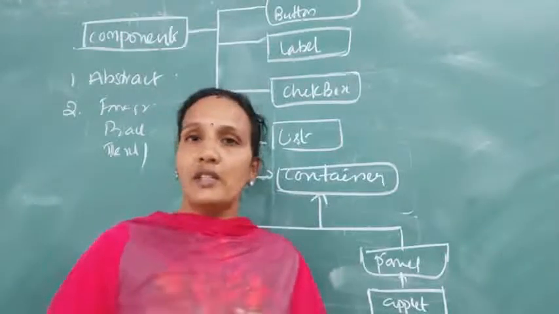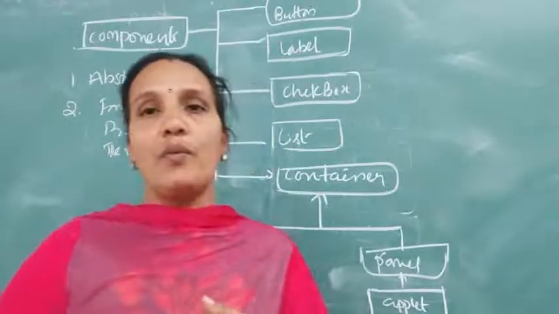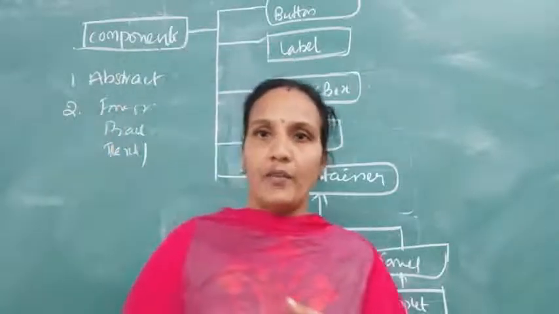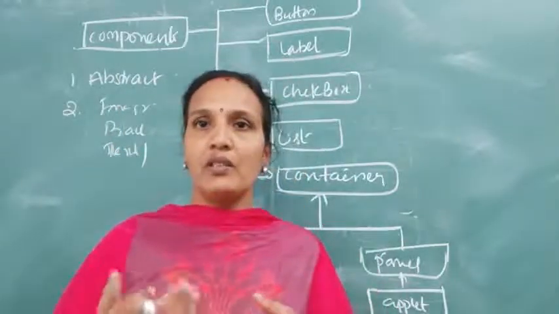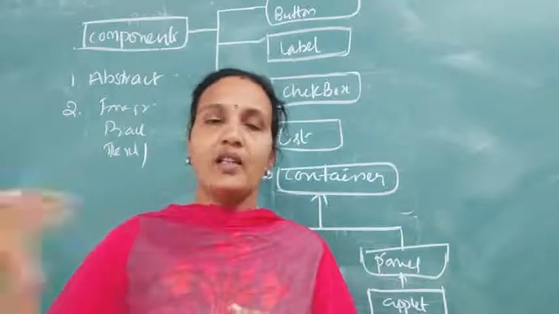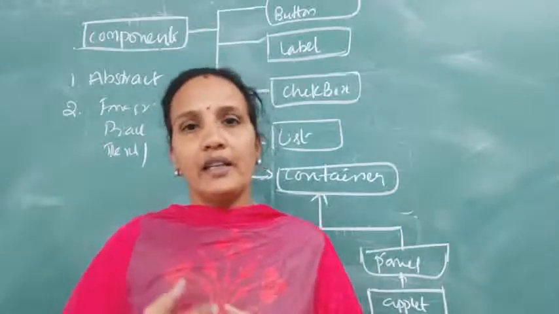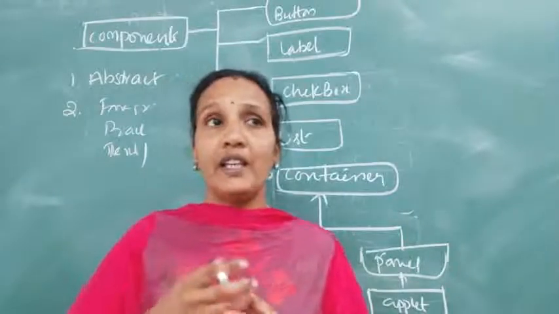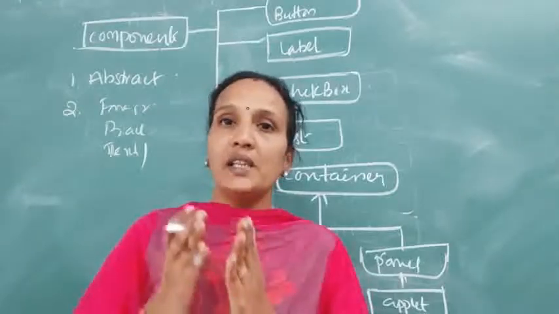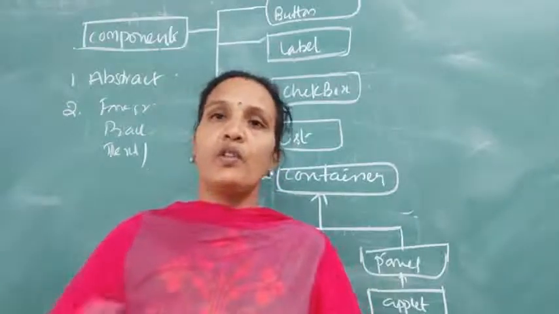Understood? First thing is, this component is an abstract class. Abstract class means all the child classes should inherit that class. And it contains complete information about all the attributes of the component.